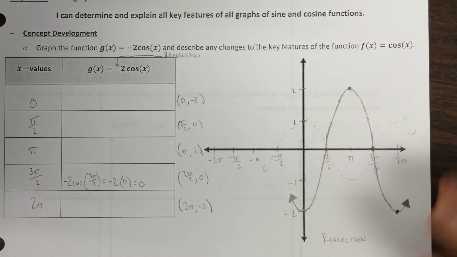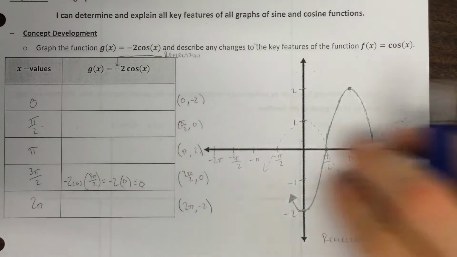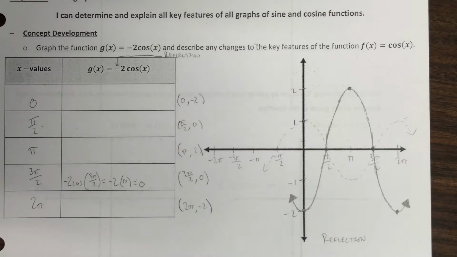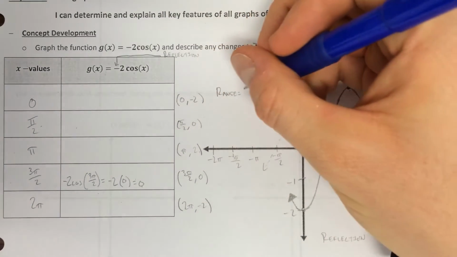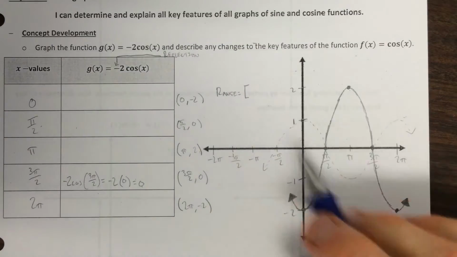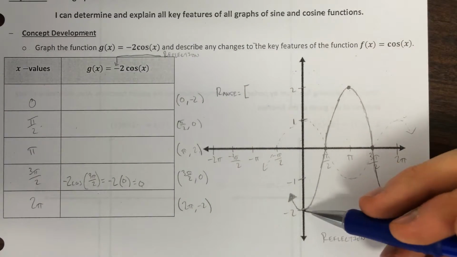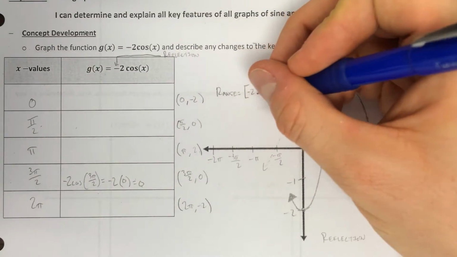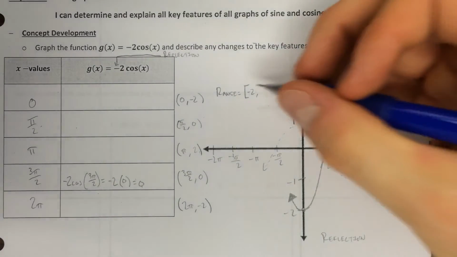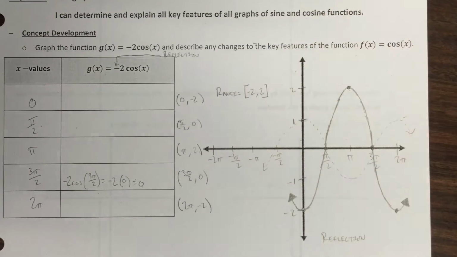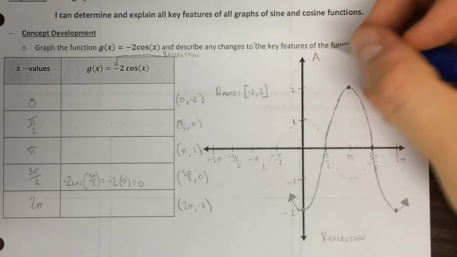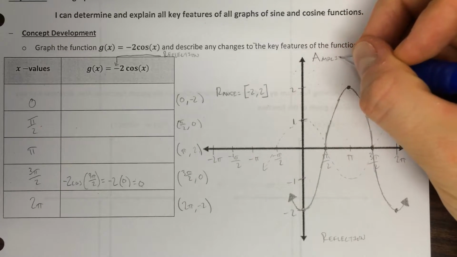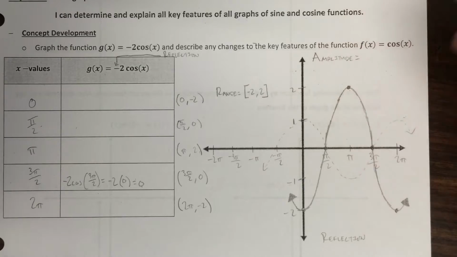And if we look at key features, our domain stays the same. It goes from negative infinity to positive infinity. Our range changed. So I'm only going to write the things that changed. Our range, our lowest value in y is -2. Our largest value for y is +2. So that changed. And our amplitude changed as well.